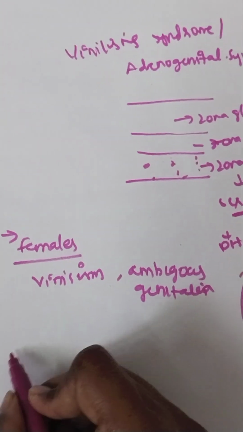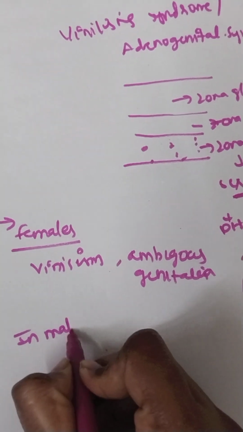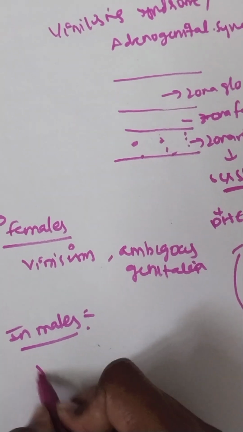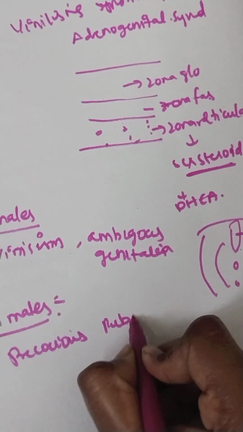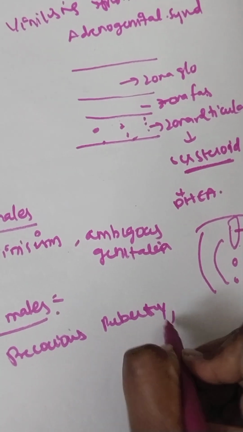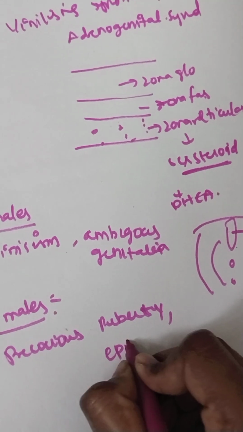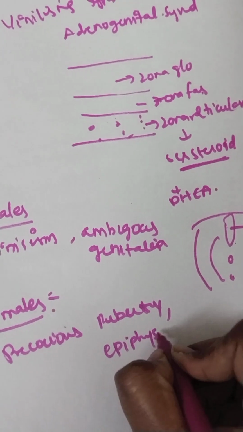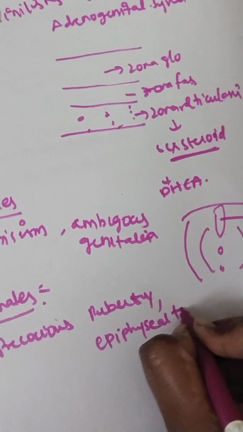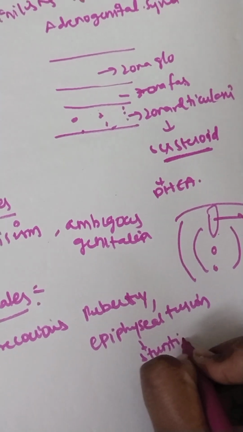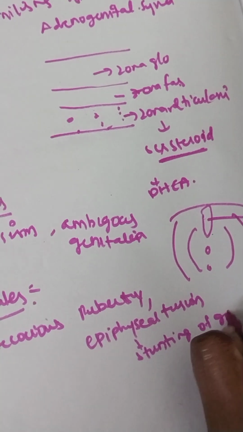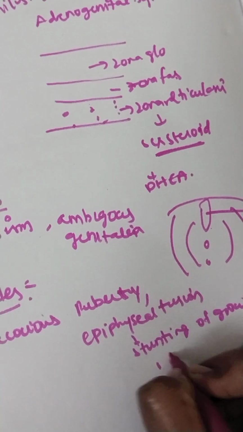And in males, you will see precocious puberty and early epiphyseal fusion, which leads to stunting of growth and short stature.